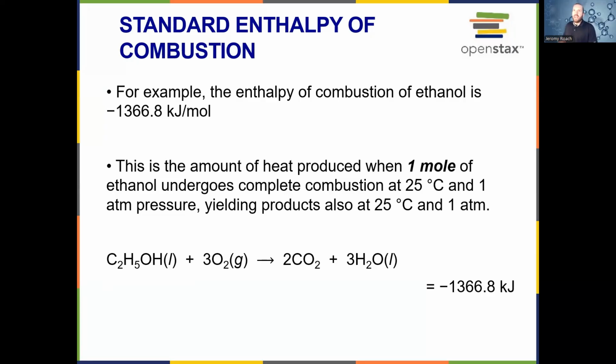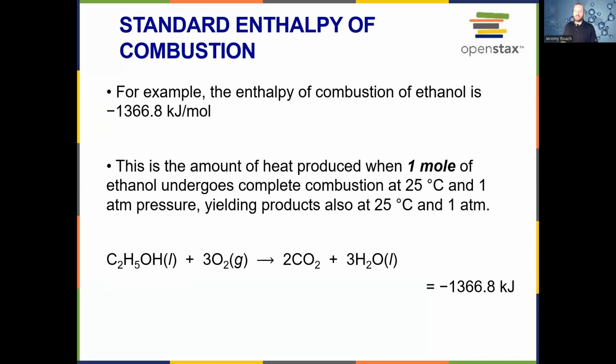The standard enthalpy of combustion, we have an example here. It says that the enthalpy of combustion of ethanol is negative 1,366.8 kilojoules per mole. And this is the amount of heat that's produced when 1 mole of ethanol undergoes complete combustion at 25 degrees Celsius in 1 atmosphere.